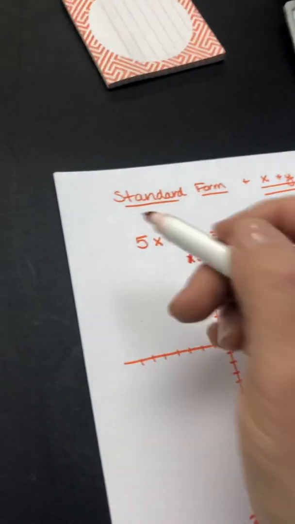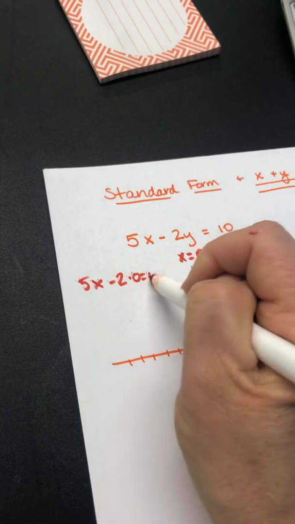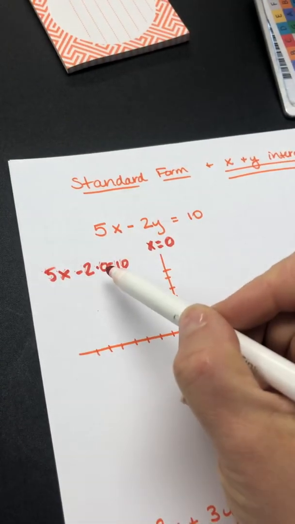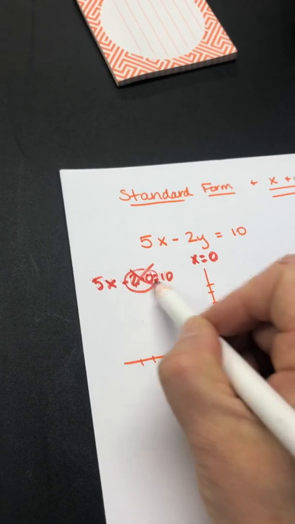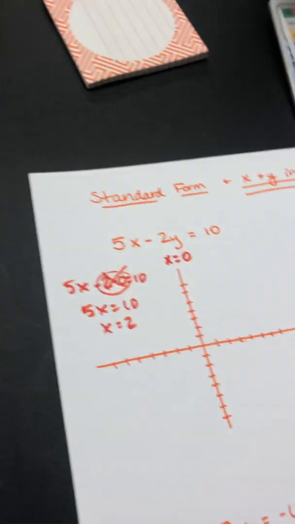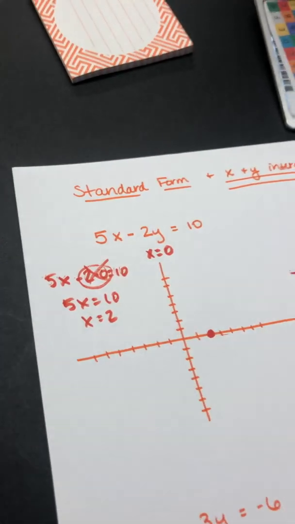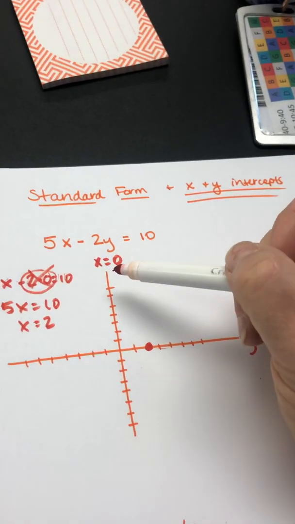So if I say 5x minus 2 times 0 equals 10, because I made y equal to 0, that gets rid of the second term. So you have 5x equals 10, so x is 2 is your x-intercept, and you plot your point. And then on the reverse side, you say, what about when x is 0?